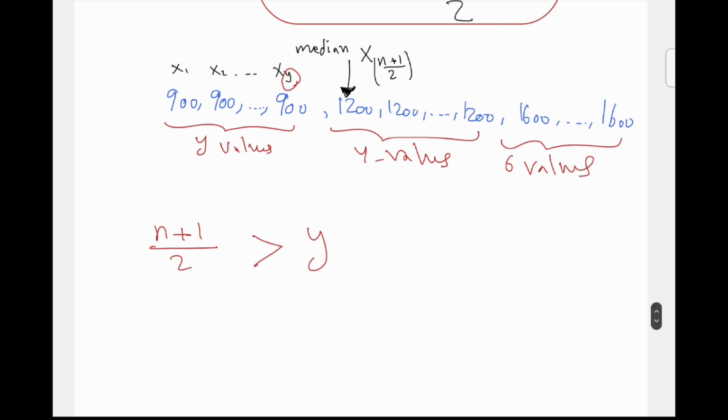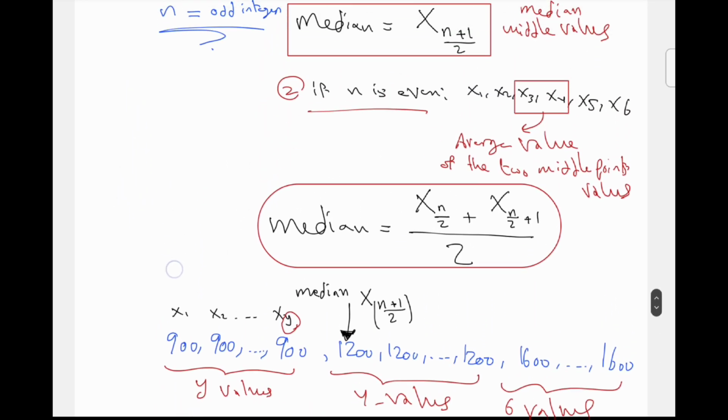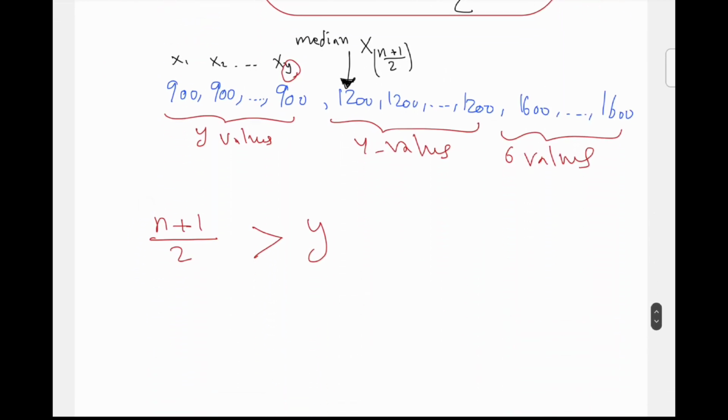Now we need to find the largest y. But we know that n is given by 10 plus y. So here we have (10 plus y plus 1) divided by 2 is greater than y.